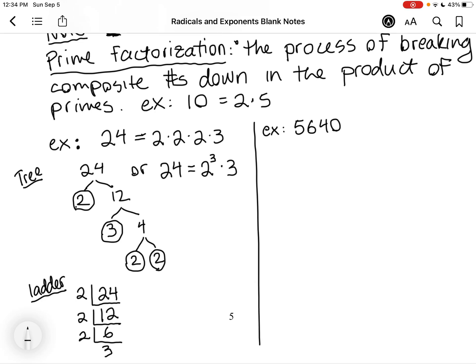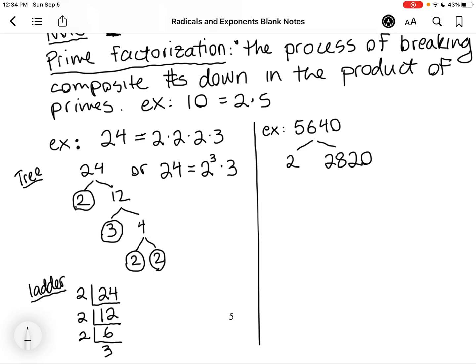So if we're going to do the tree, I always start with the smallest primes, which are 2. 5,640 divided by 2. You may need to use a calculator to do it. Let me think. 56 divided by 2 is 28. Okay. So 5,600 divided by 2 is 2,800, and 40 divided by 2 is 20. So 2,820. I hope that's right.